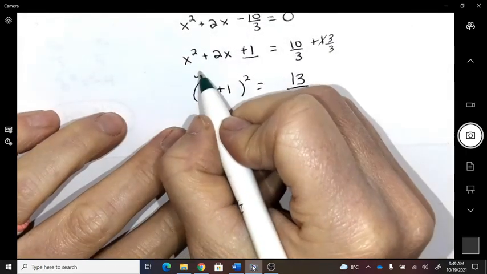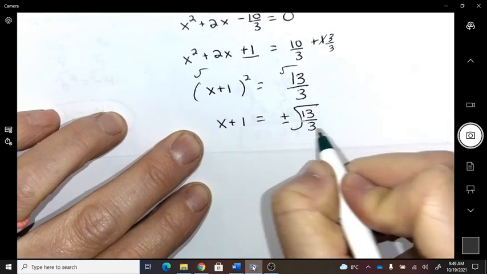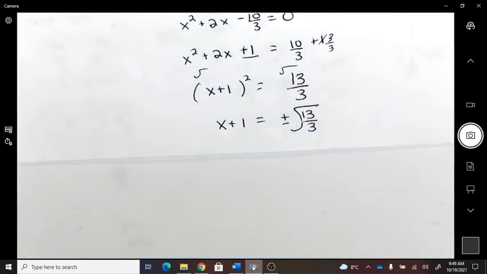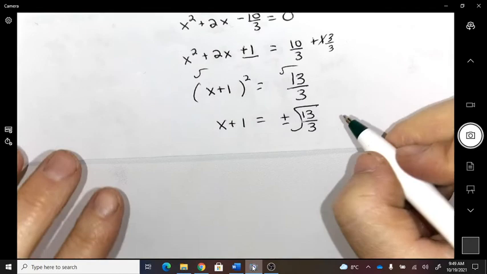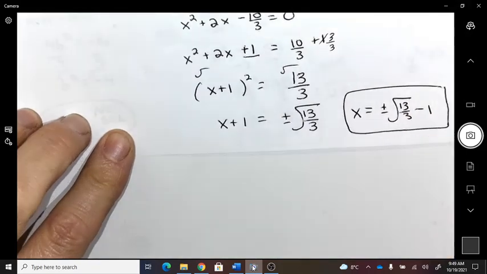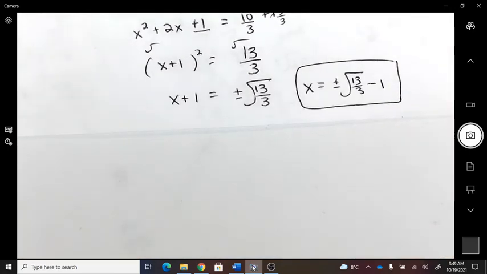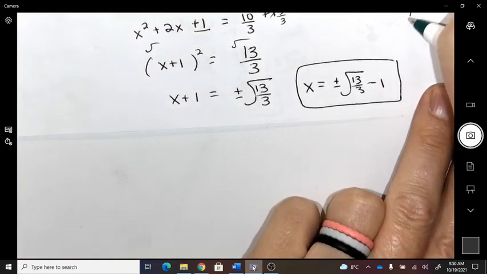Okay, now I'm going to square root both sides. And there's my answer, because I need to still move the 1 across yet. So remember the plus minus. Remember that this square root is on the whole thing. Okay, I'm going to challenge you here. I want you to give me 2 decimal answers.